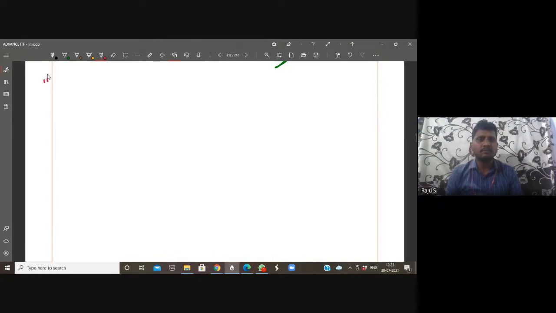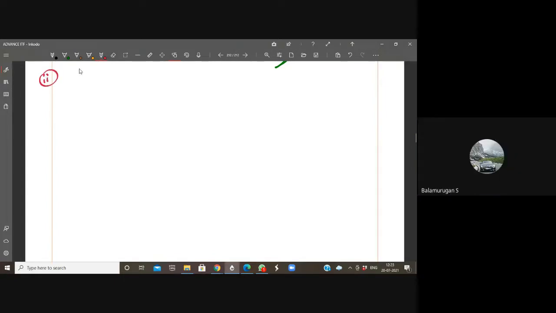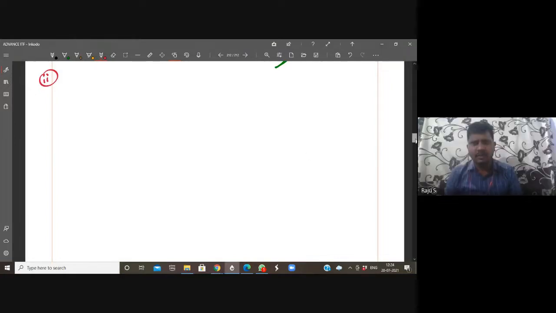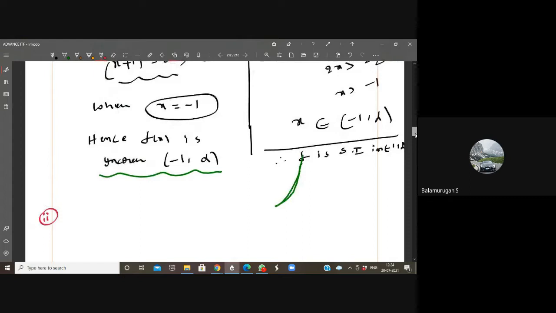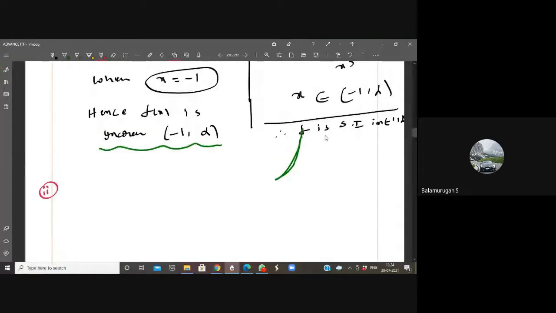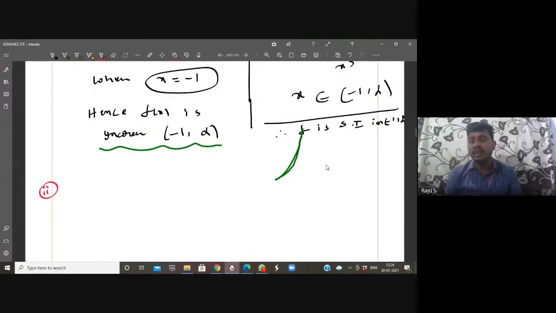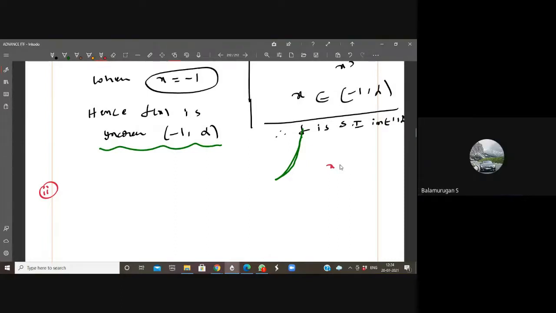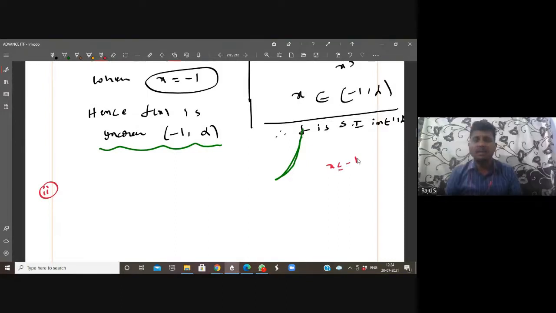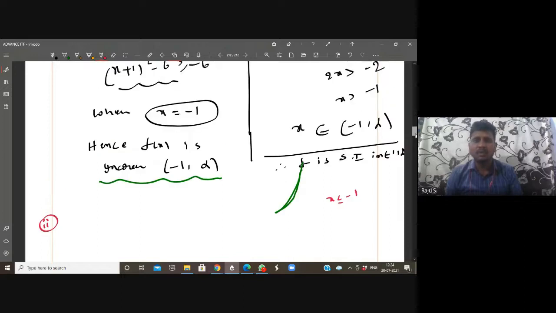Sir, if we take values of x lesser than -1, f dash of x is negative, no, sir? If we take x values lesser than -1, what is the output you are going to get?